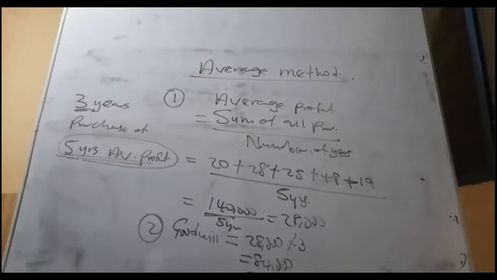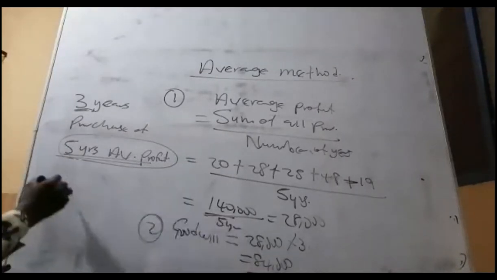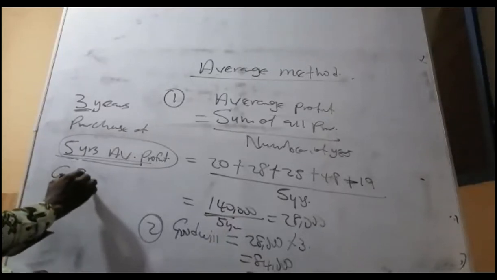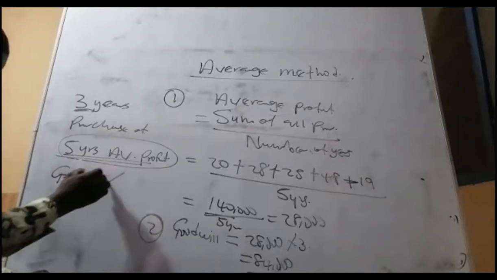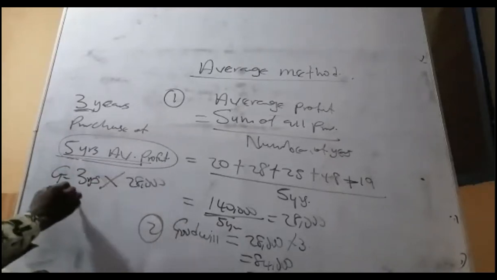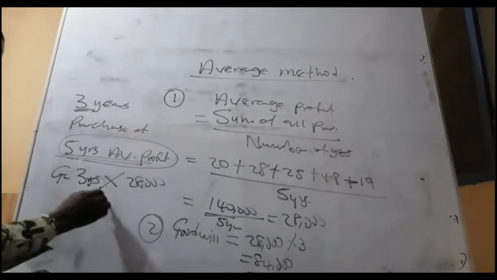So let's see. Over here, we had an average of 28,000. So therefore, the goodwill will be 3 years purchase times the 28,000, and then we had 84. So the goodwill is 84.